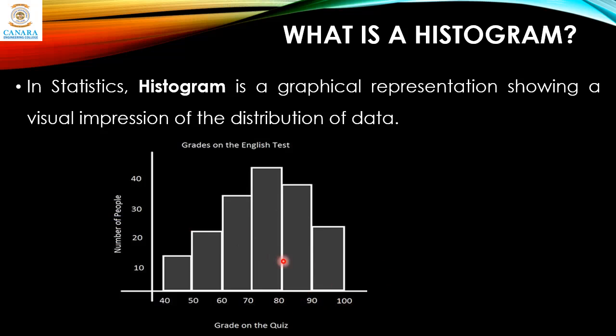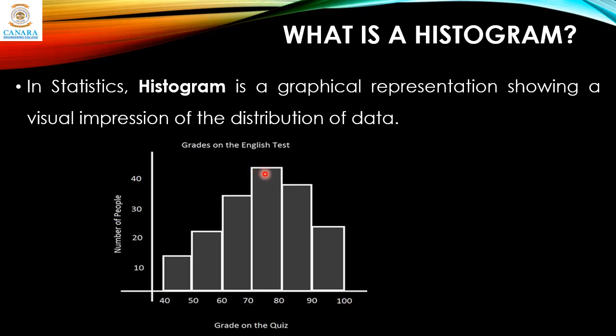Okay, and you cannot extend this x-axis. It's fixed for this particular test because the maximum grade that is achievable is 100. But on the y-axis you can have more people, because if you increase the number of people taking the test, then obviously this count will increase.